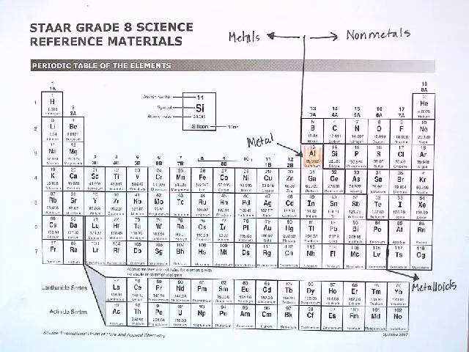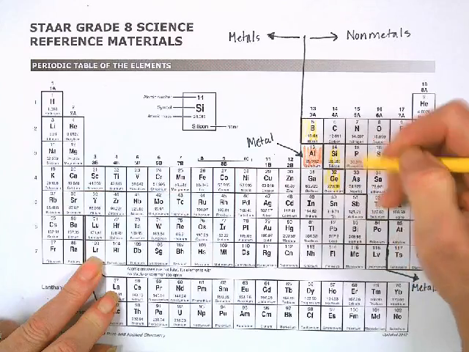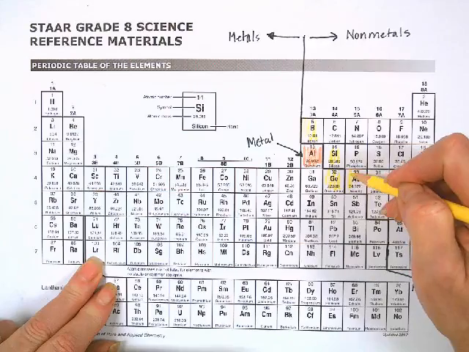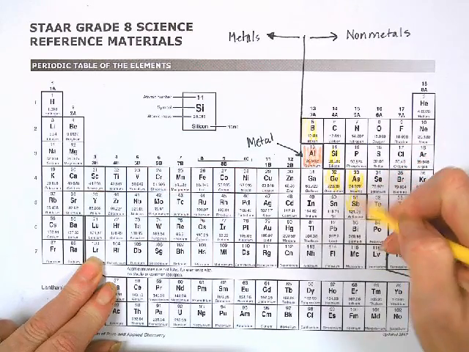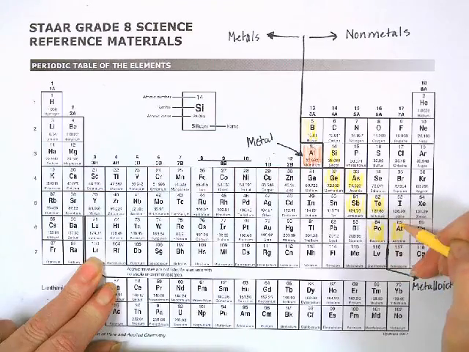All right, so the other elements touching the stair step, all of them are those metalloids. So basically, if you wanted to shade them in, each one of their boxes is touching the dark stair step, and that's an easy way to identify them as a metalloid.